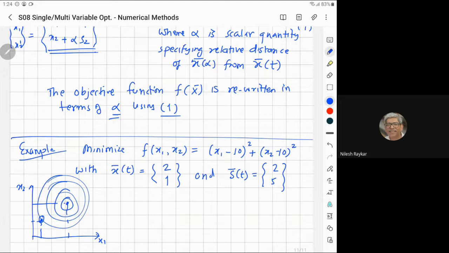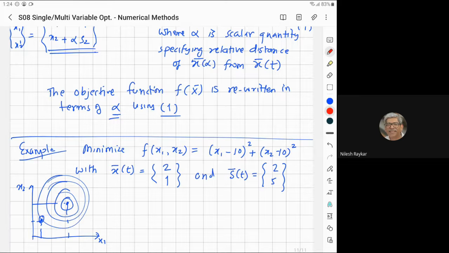So we have taken one starting point which is at 2, 1. I have just proportionately marked that particular point, and we are searching along a line. The direction is given such that when x increments by 2, y increments by 5.